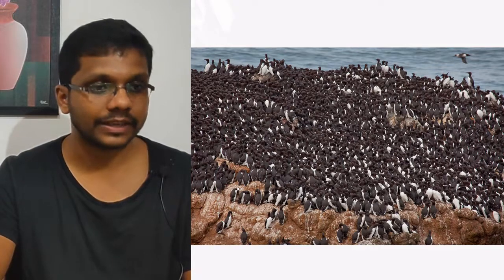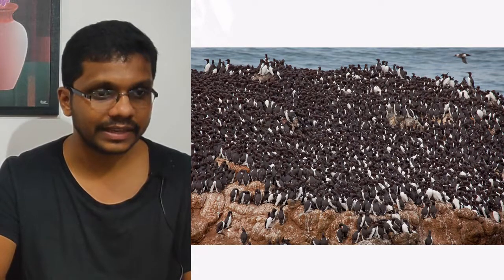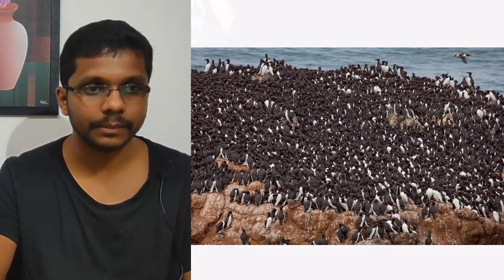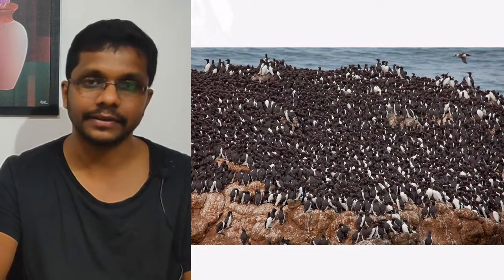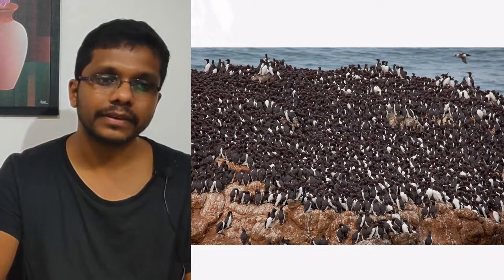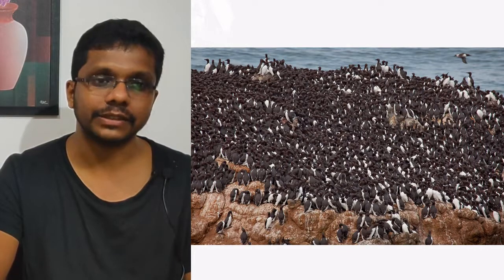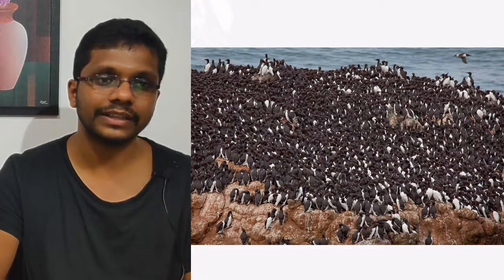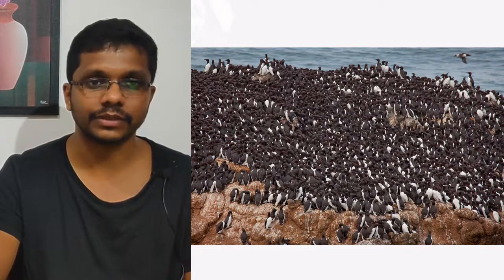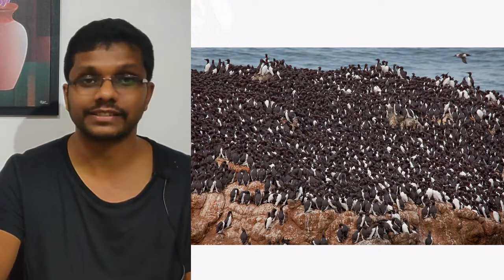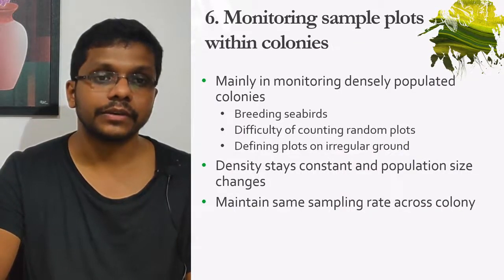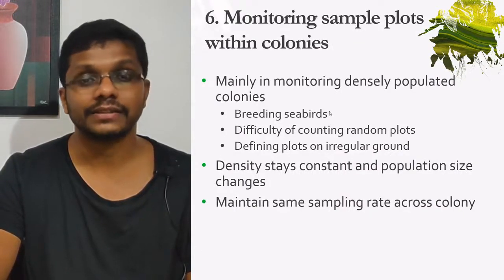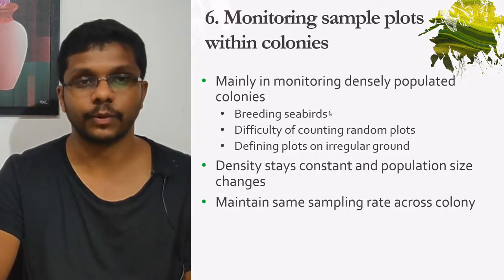If your random location is here, you see the number of birds is low. But if your random location is here, the number of individuals is high. So it's a very difficult situation because counting such huge populations is difficult. So we measure the density of the population rather than the overall size of the population.